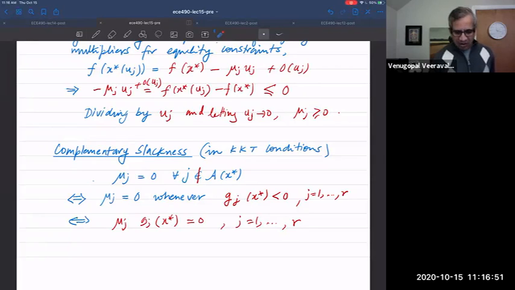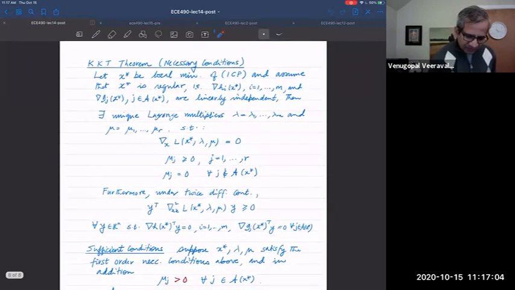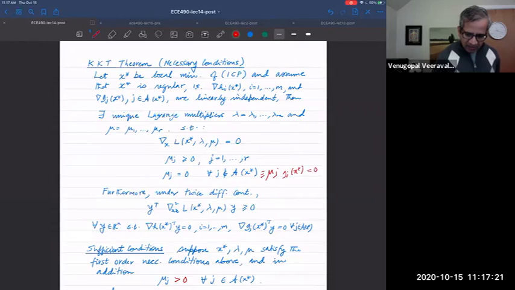Often in the KKT theorem, rather than writing mu j equal to 0 for all j not in the active set, you would replace it with mu j g j of x star equal to 0.